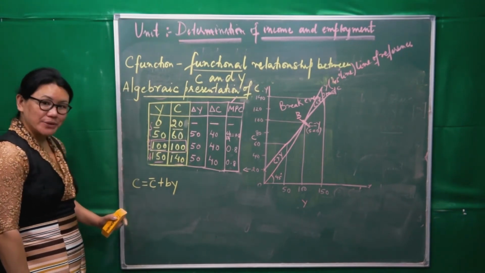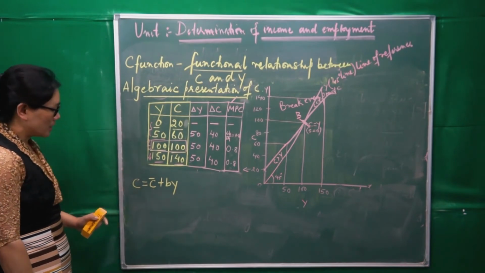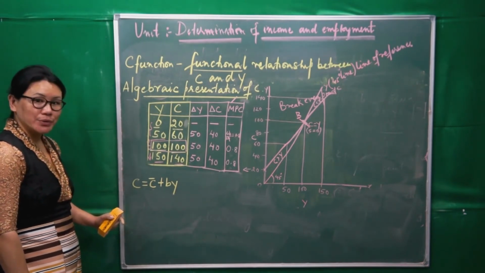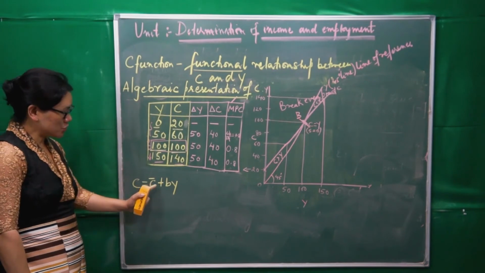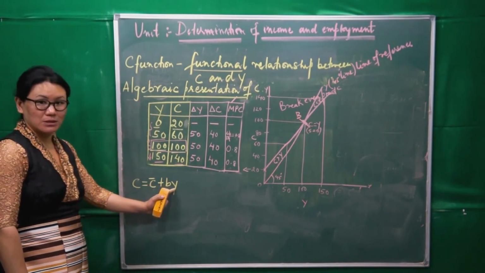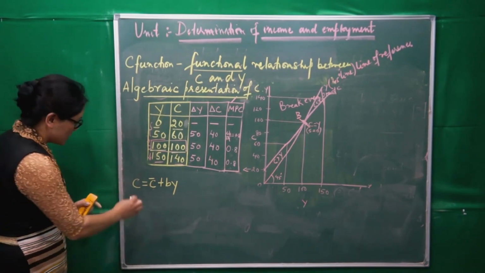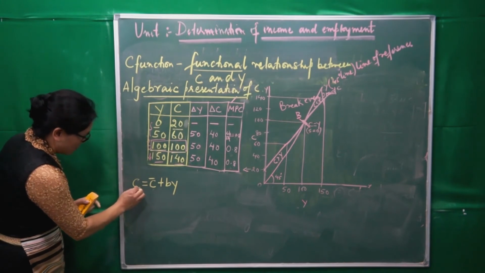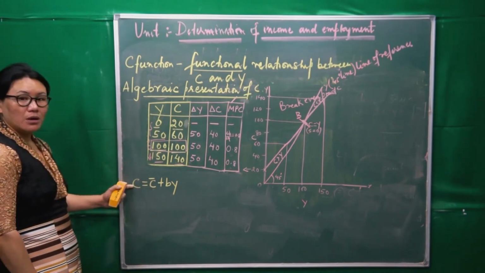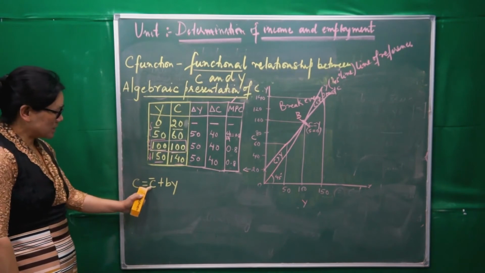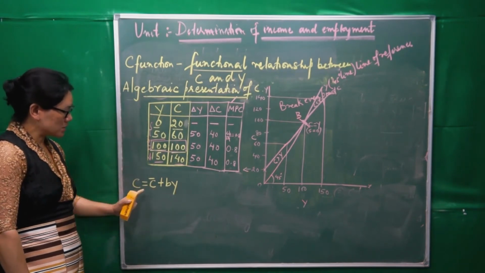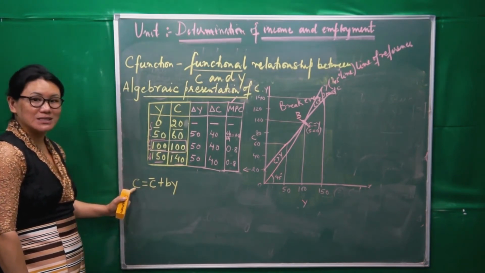Now what we have to do is we need to study each of these. All right. So see here, or we can say these are the components of the C, consumption function.